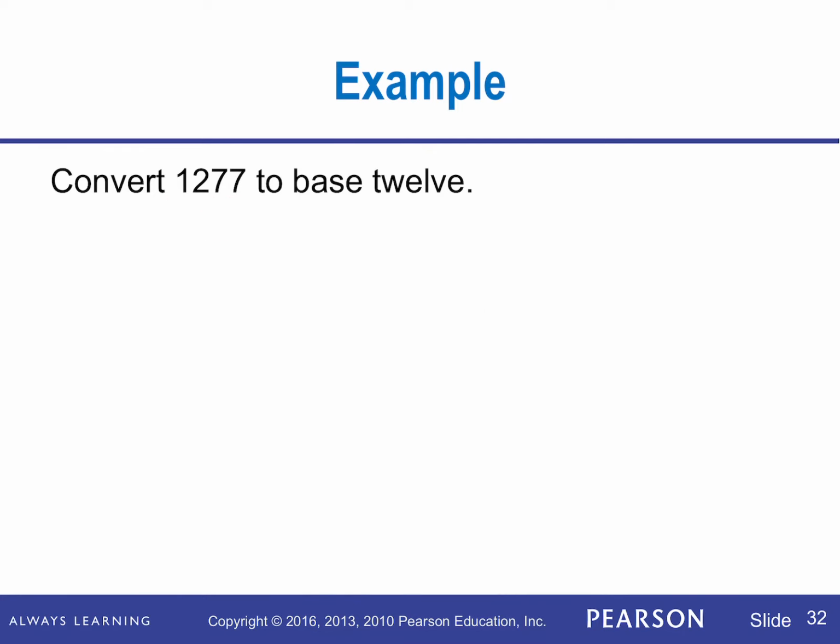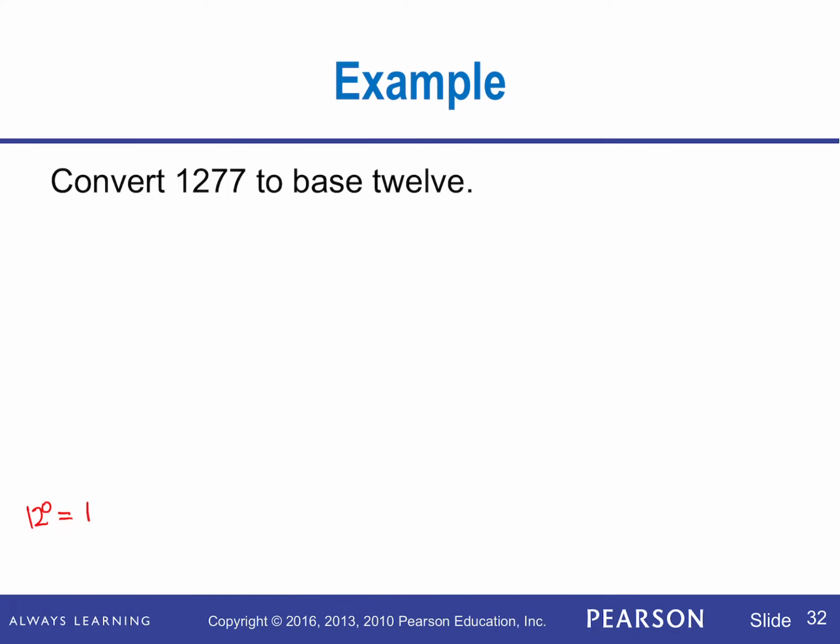All right, let's try converting the other way. So I want to convert 1,277 to base 12. So I'm going to use the same method that we used when we converted to base 2 on the last screen. So I want to start by thinking about the powers of 12.